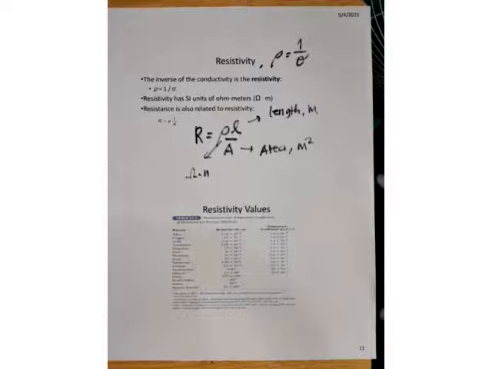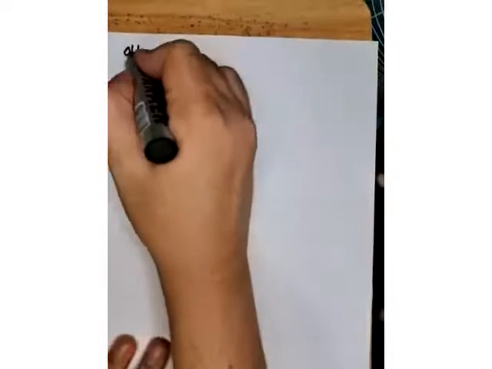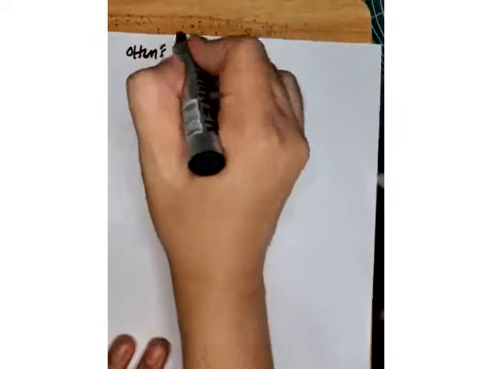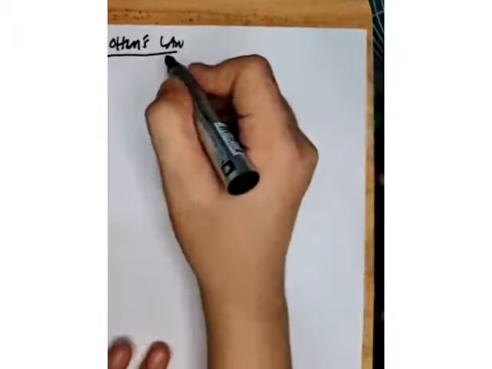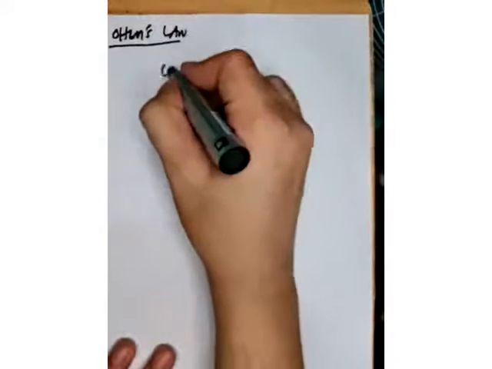Okay? So, yung silver. Okay, ngayon, paano nakuha yung formula na yan? Sabi sa Ohm's Law, ang conductivity daw ay equal siya sa current density over the electric field.